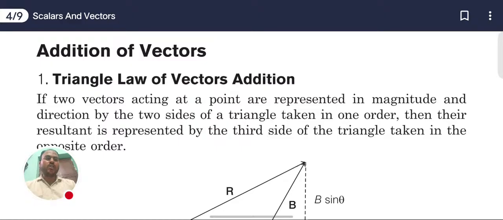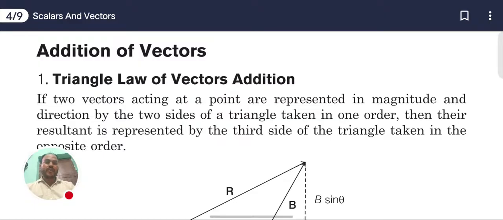Then I taught you unit vector, co-initial vector, collinear vectors, coplanar vector, localized vector, non-localized vector, position vector, and displacement vector. Now we are going to discuss addition of vector and subtraction of vector.